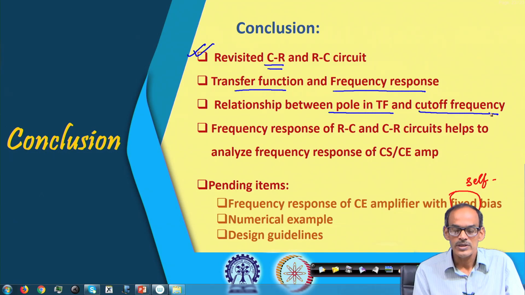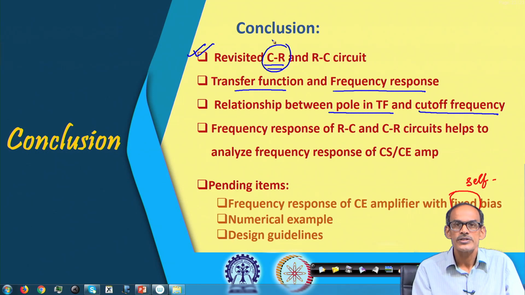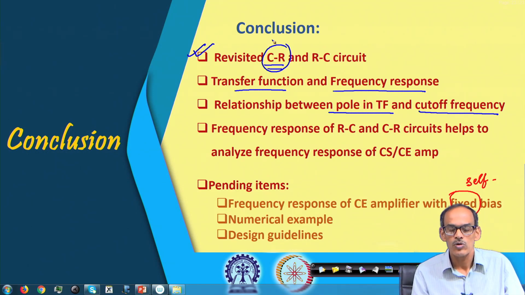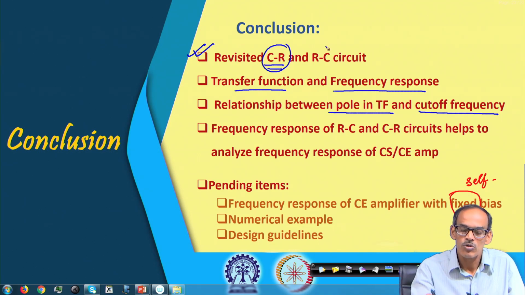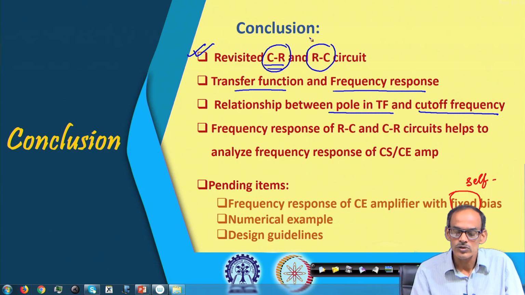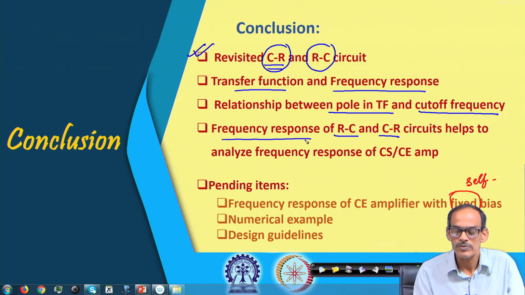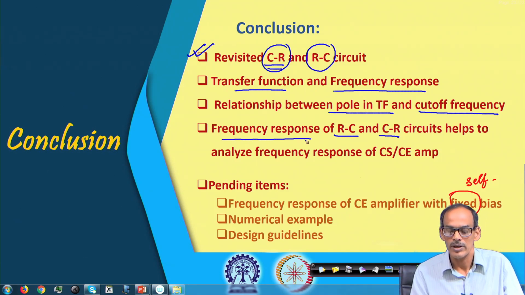We started with a simple CR circuit and saw that the location of the pole defines the lower cutoff frequency of high pass nature, and the pole location of the RC circuit defines the upper cutoff frequency of the low pass filter. If we combine those frequency responses along with the middle ideal amplifier, they help us get the frequency response of common source and common emitter amplifiers.